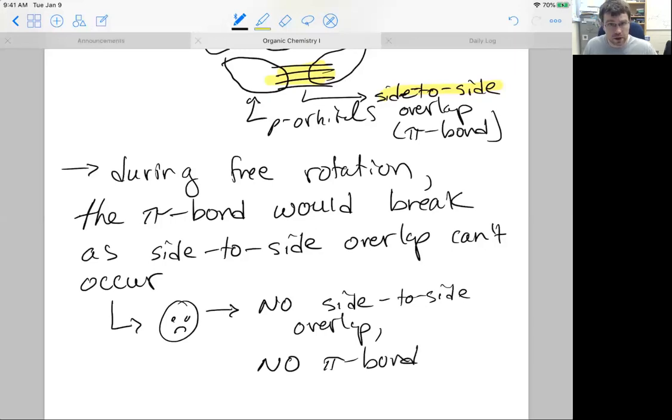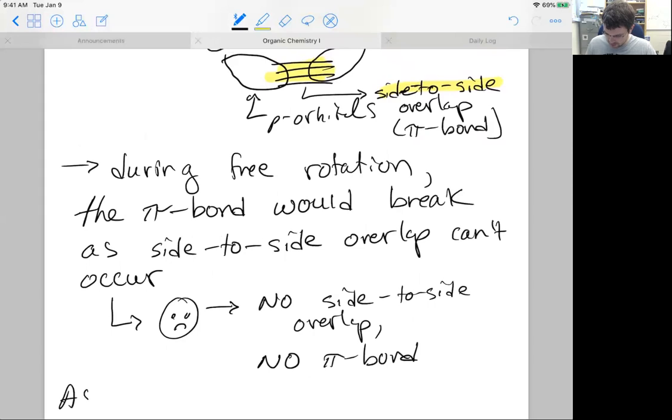What this means for us is that pi bonds are awkward to draw, but if molecules can have pi bonds, they will have pi bonds, because pi bonds mean you can share electrons. And if you can share electrons, then you can get closer to your octet. So if we could have pi bonds, we will have pi bonds. And if we will have pi bonds, we won't have free rotation.